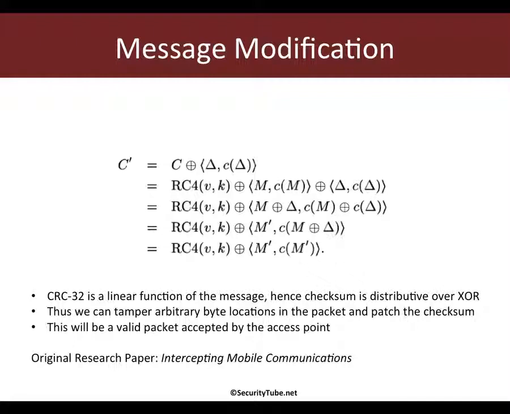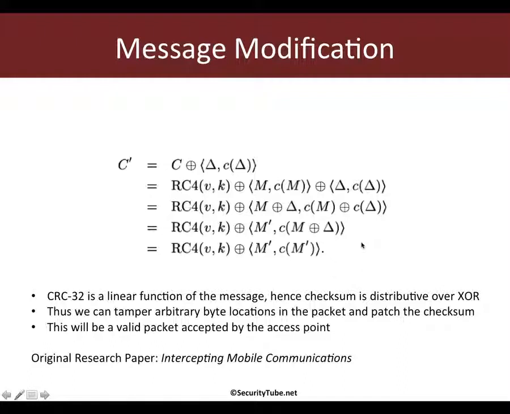And once the checksum is done, post all the calculations, you will see that this is equivalent to the same original key stream XORed with the modified message and the modified checksum.